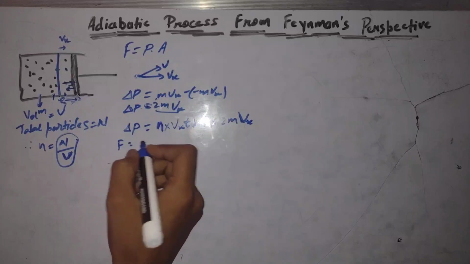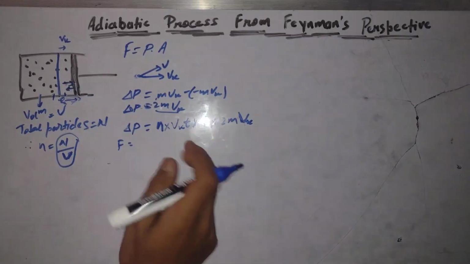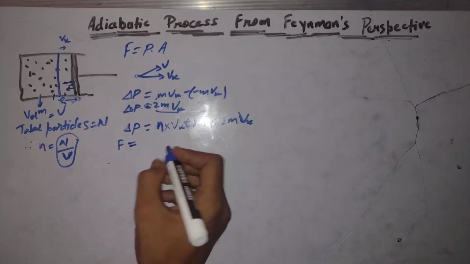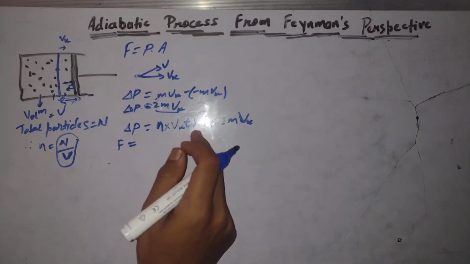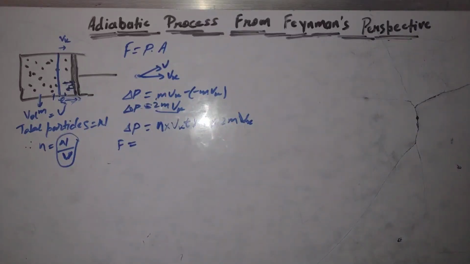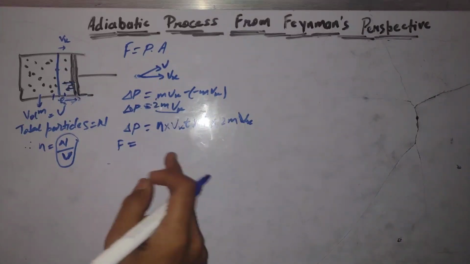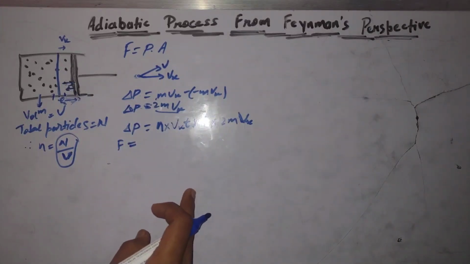Therefore force would be this momentum change by time, the time it's taken, and this time would be cancelled. Let me just think again. Yes, force is dp by dt.